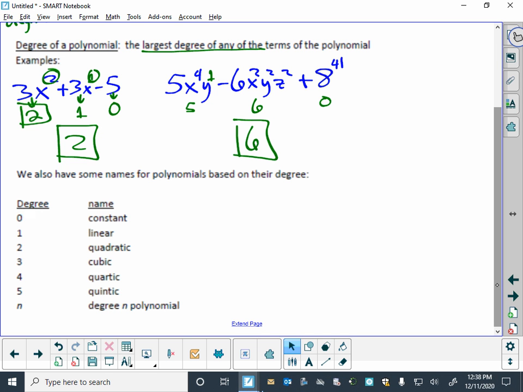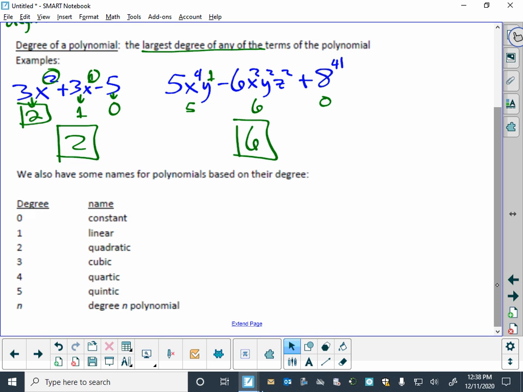If the degree is 1, it's linear. We spent the first half of the semester talking about linear equations, things where it was just mx plus b, and in mx plus b, the x is the only variable, and it is to the first power, and so it is linear. We just came out of several weeks in a quadratic chapter.